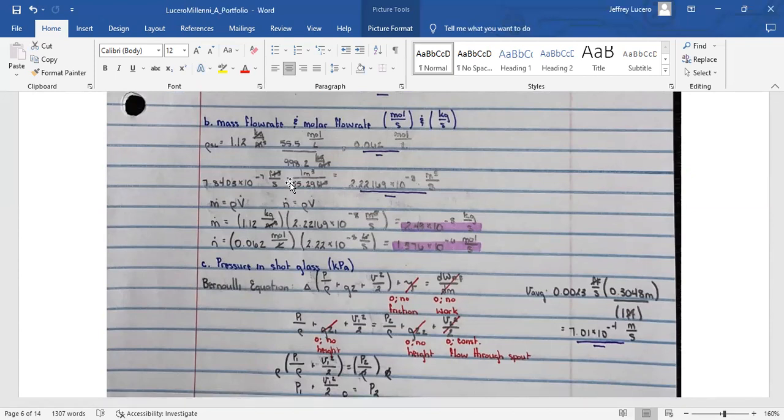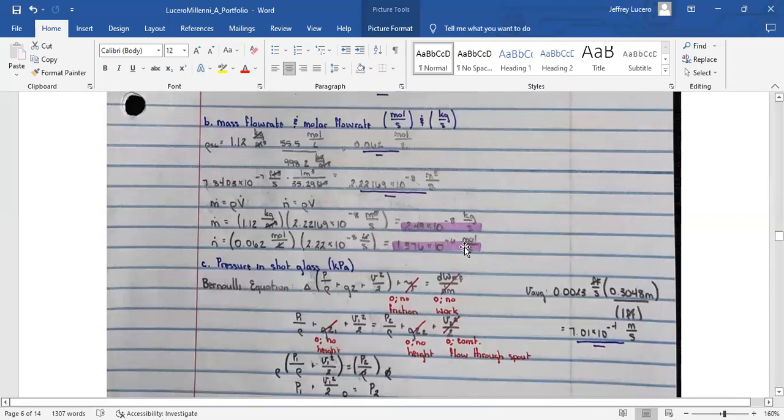The mass flow rate equals density times volumetric flow rate, and the molar flow rate is molar density times volumetric flow rate. When we do that calculation, we get 2.43 times 10 to the negative 8 kilograms per second, and 1.376 times 10 to the negative 6 moles per second.